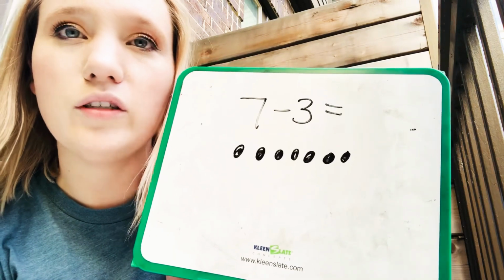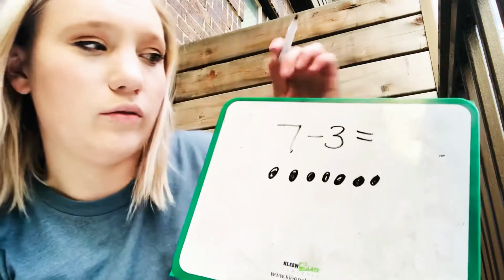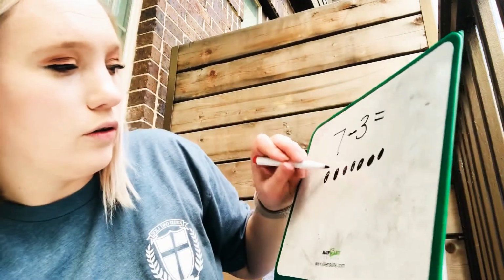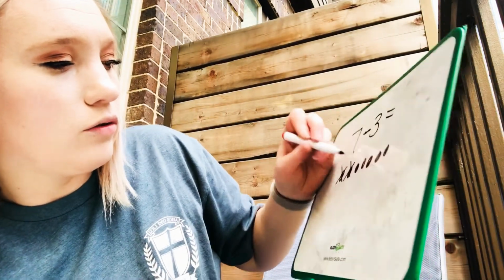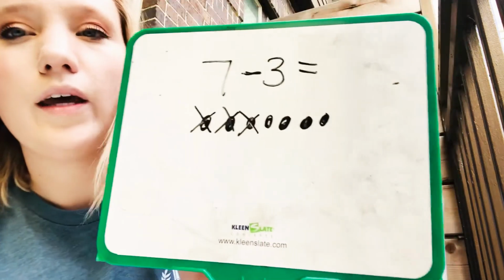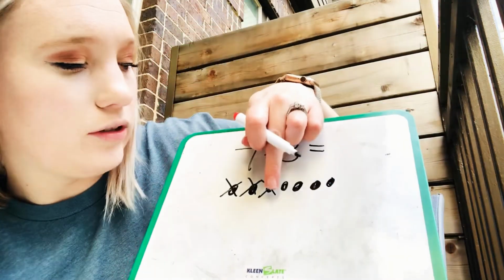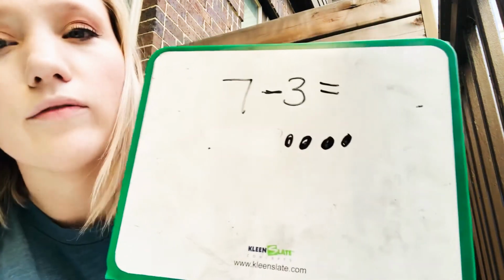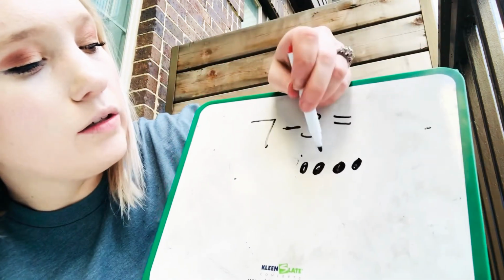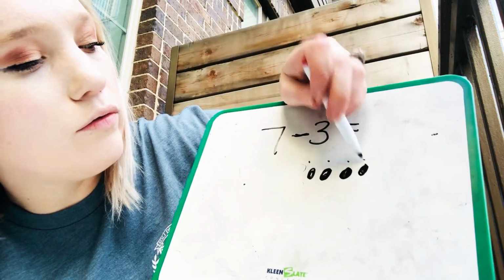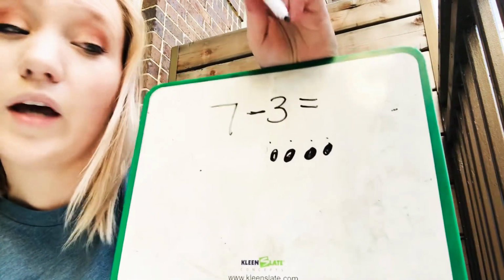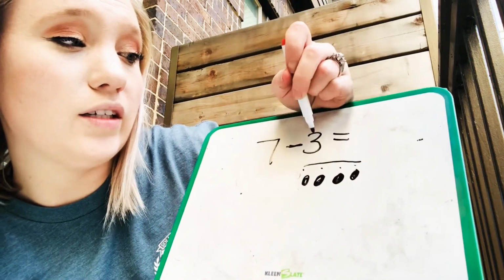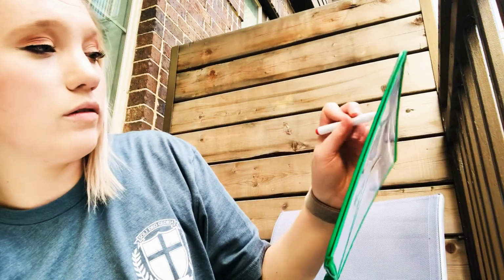And I'm going to take away 3 dots. So 7 minus 3. 1, 2, 3. How many dots do I have left? And I'm going to erase them. How many dots do we have left? Let's count it. 1, 2, 3, 4. How many? 4. So 7 minus 3 equals 4.